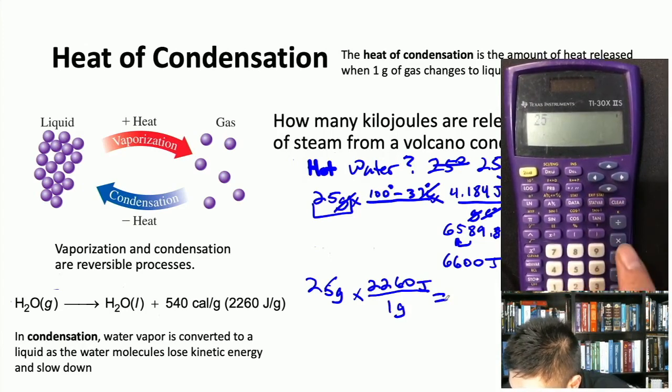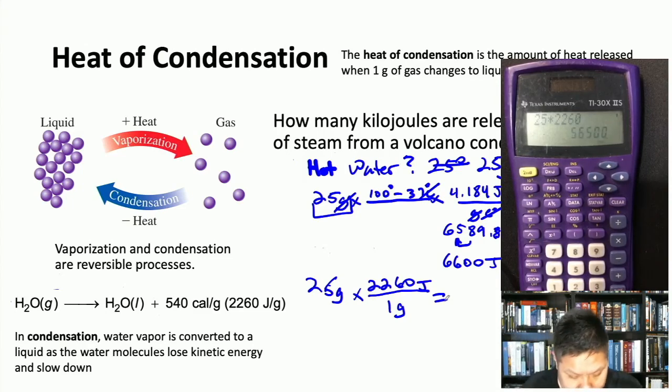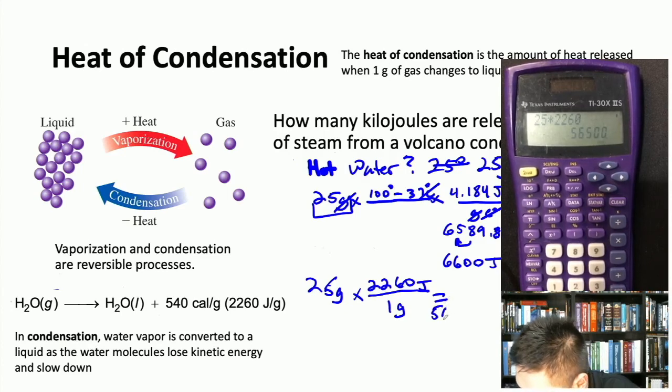That's 25 times 2260, and the answer there is 56,500.